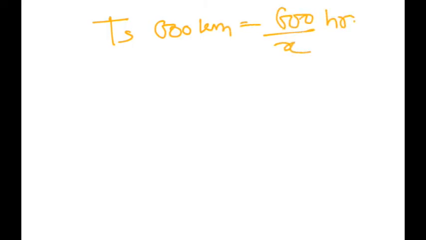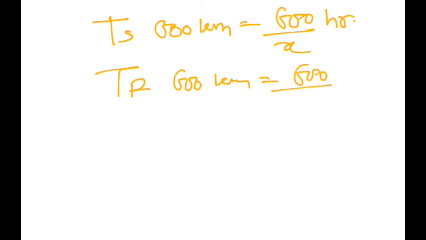Time taken by the slow car to cover 600 km is 600 by x hours, and time taken by the fast car to cover 600 km is 600 by x plus 10.